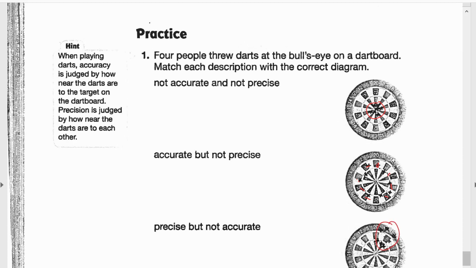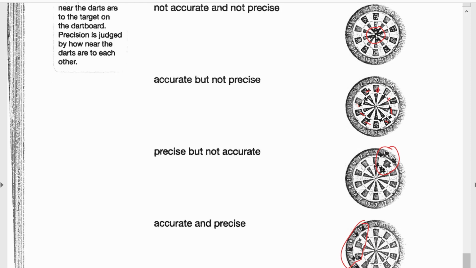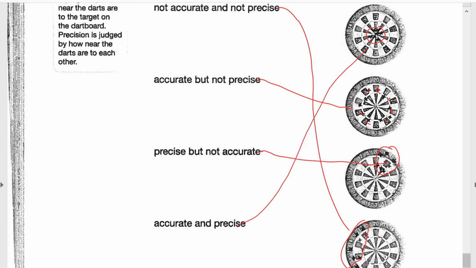These ones are right here, and these ones are spread out over there. If you can see them all now. So not accurate and not precise, we're going right here. Accurate, but not precise. These ones were pretty accurate, but they weren't precise. Precise but not accurate would be these ones. Accurate and precise are those ones.